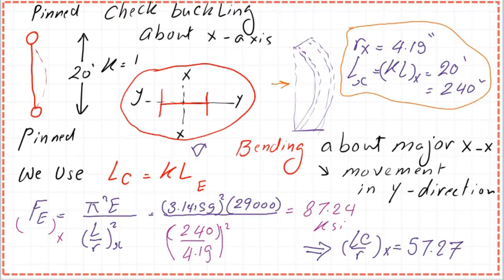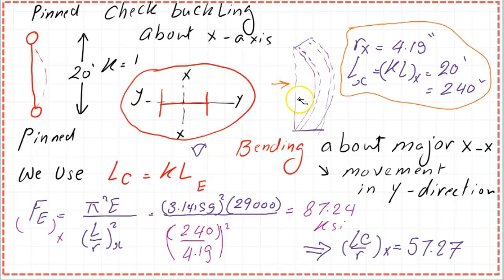We are going to examine the buckling about the x-axis. This is the W shape, and this is the major axis, xx, and this is the minor axis, yy. When we say that this column has buckling about xx, it means that it is the same as a beam under flexural bending.